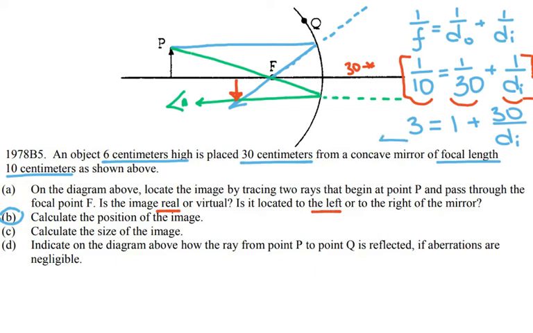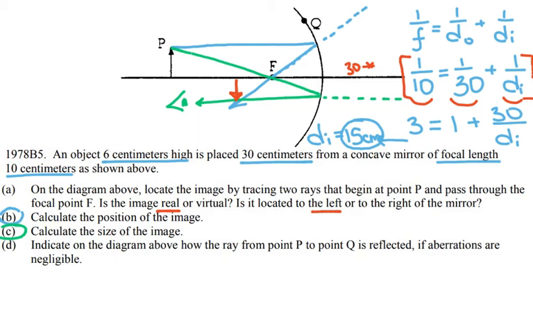So from here, I see that the distance to the image is going to be 15 centimeters. And you can see that if this distance was 30, then this distance is about half of it, so 15 centimeters.